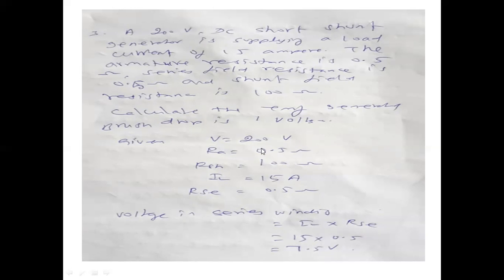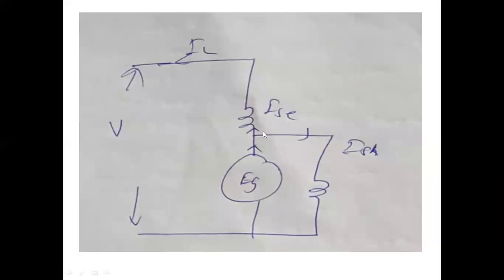Here we use the EMF equation again: EG equals the terminal voltage plus drop in armature plus drop in the series field winding, because this is a compound machine, so the series field winding loss we also have to consider. That is why we have written armature drop plus series field winding drop plus brush drop. Brush drop we consider only if it is given. If not given, we need not bother about it, right?